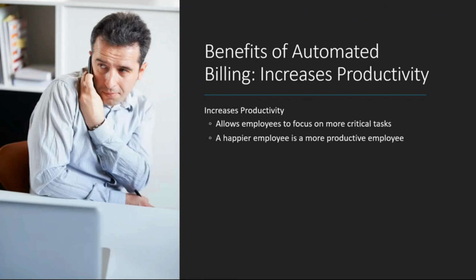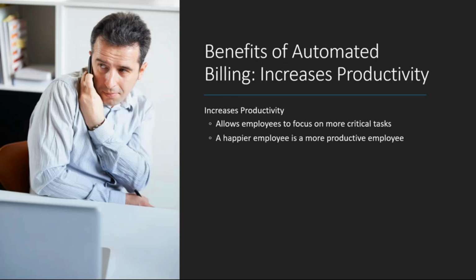Another benefit is increased productivity of your employees. A happy employee is a more productive employee is what we like to say here. No employee wants to be working on rote tasks day in and day out and spending multiple hours doing the same sort of rote work.